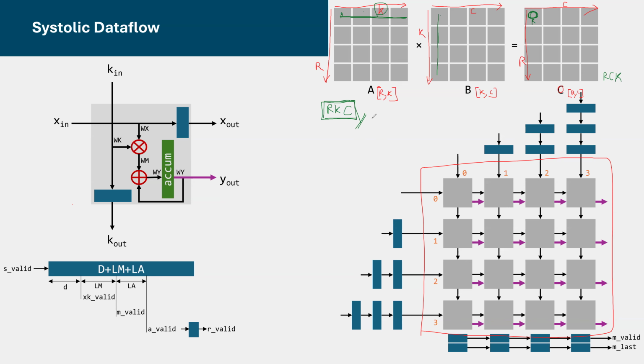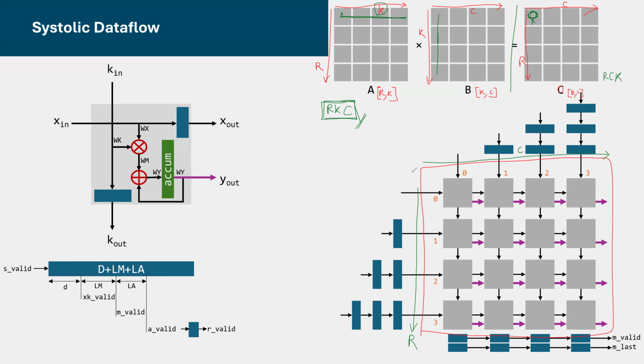So now, let's say we want to parallelize this, or do this through an accelerator. In a systolic array, you basically have R into C elements. In this dimension you have R, and in this dimension you have C. So this systolic array maps one-to-one to the output matrix, R rows and C columns.